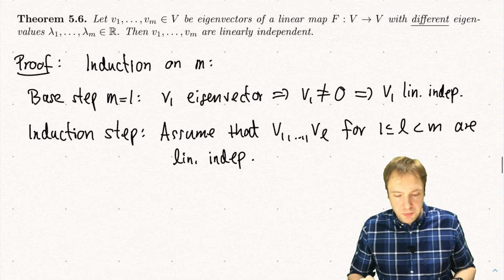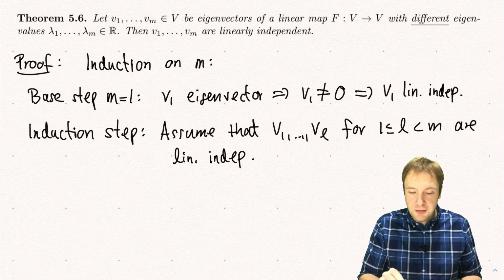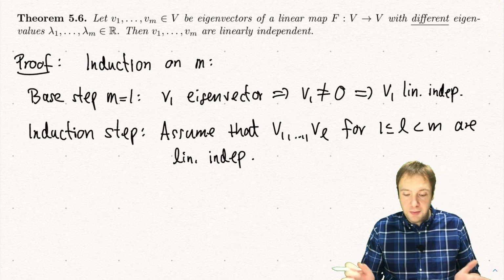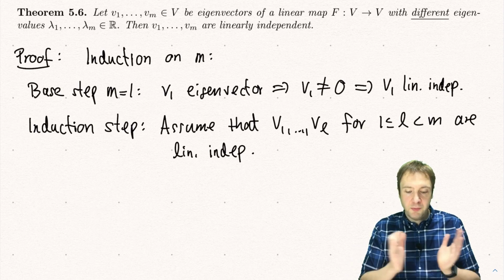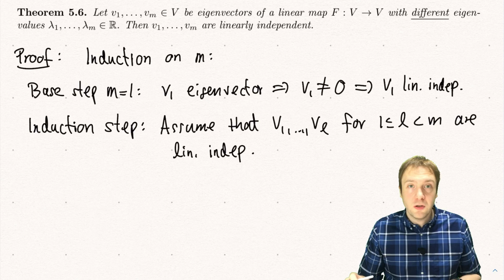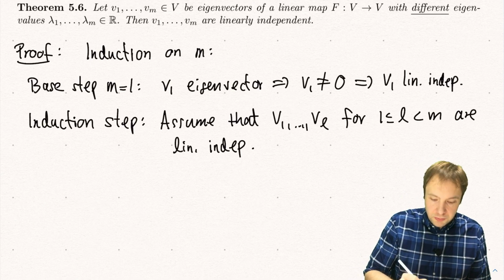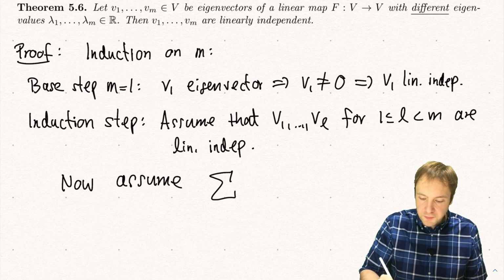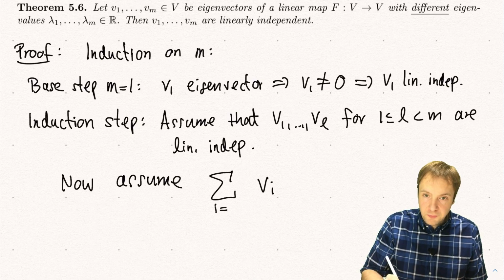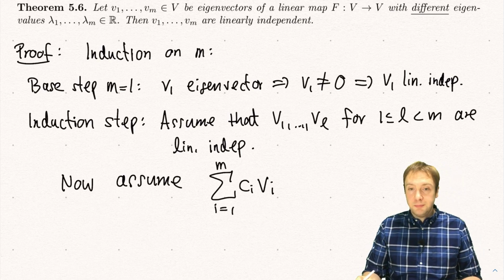And now we want to check that if I take m vectors, they are linearly independent. To check if something is linearly independent, we always start with a linear combination which is 0, and then we want to show that the coefficients of this linear combination need to be 0. So we assume that we have a linear combination of these vectors vi, where i goes from 1 to m, with some coefficients ci.